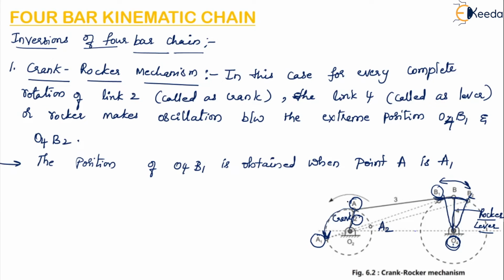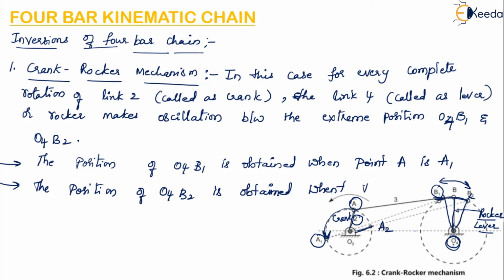So when A is at the position A2, then this rocker or lever is at position O4 B2.